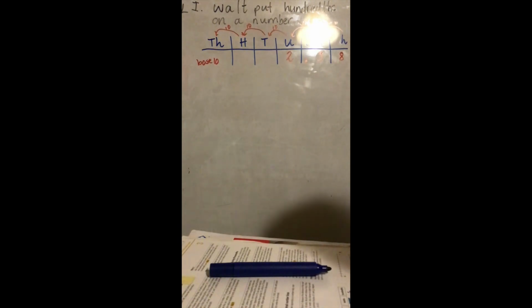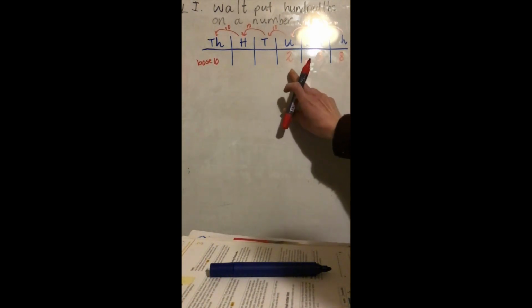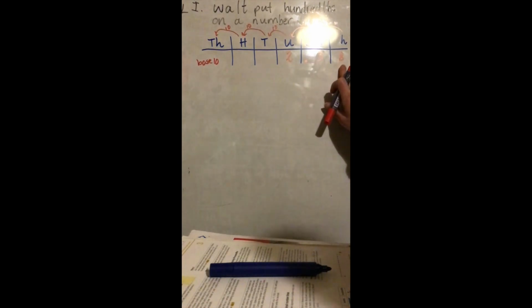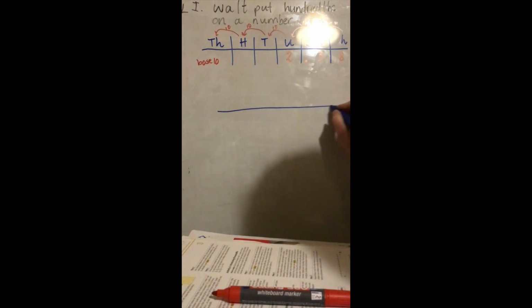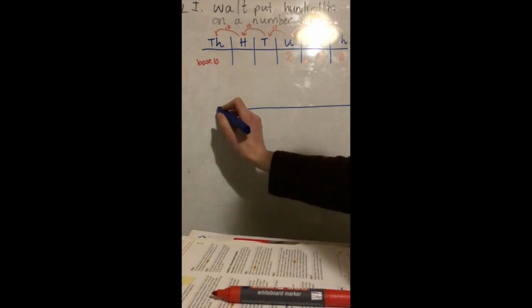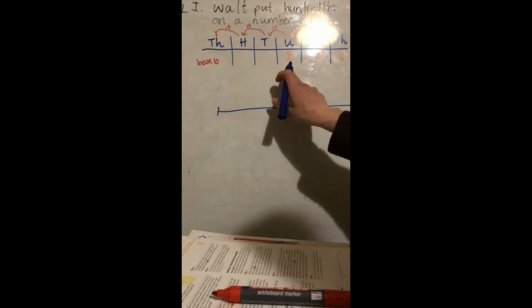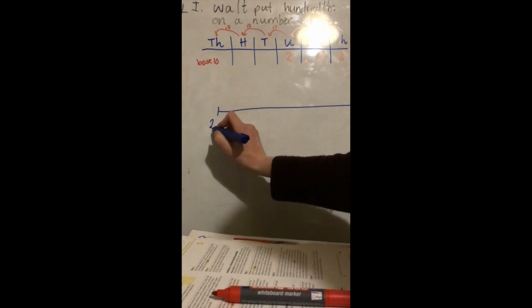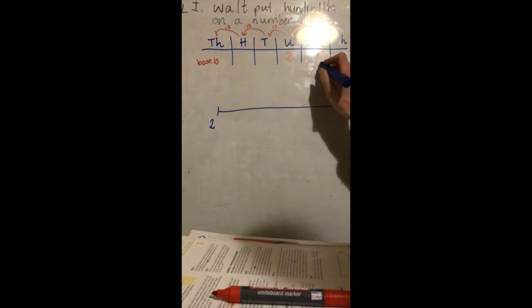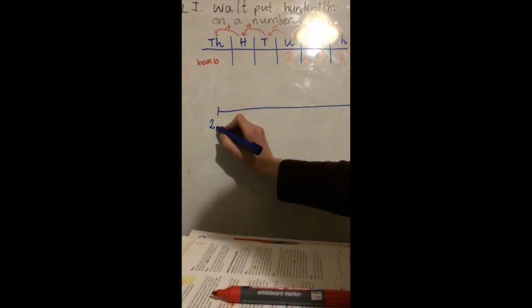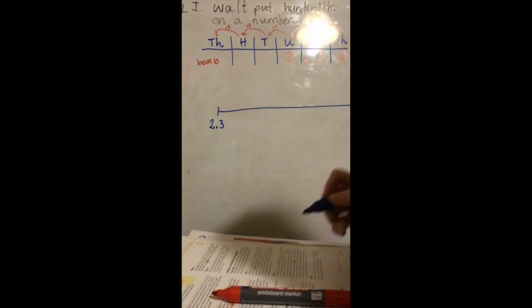Okay, so if we wanted to plot a hundredth on a number line, and I gave you the number 2.38, so I have 2 units, 3 tenths, and 8 hundredths, I know that I would have to draw a number line. Okay, now I've got 2 units here, but actually I also have tenths, and tenths are 10 times bigger than hundredths, so I'm going to put 2.3 here.